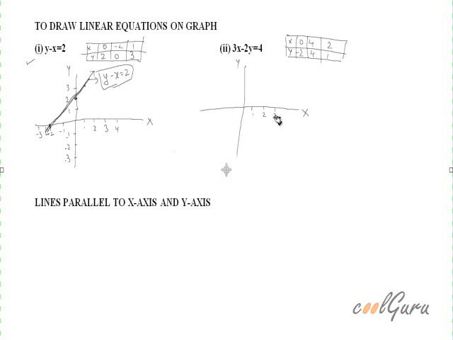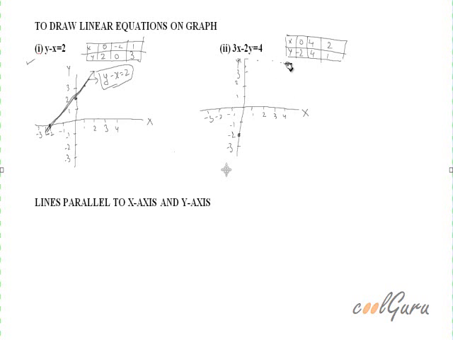X positive side, negative, y positive, and y negative. When x is 0, y is minus 2. This point. When x is 4, y is 4.